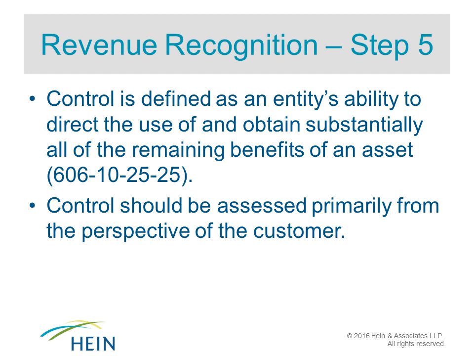Some of the examples that the standard provides as to when substantially all of the remaining benefits of an asset transfer to the customer include the ability to use the asset to produce goods or provide services, the ability to use the asset to enhance the value of other assets, the ability to use the asset to settle liabilities or reduce expenses, or pledging the asset to secure a loan.